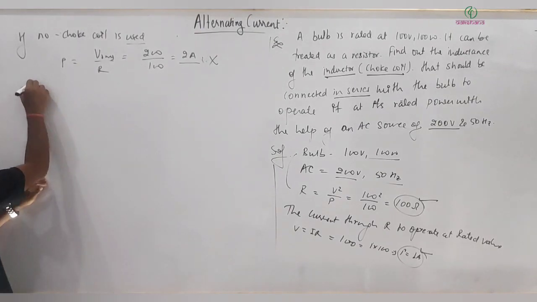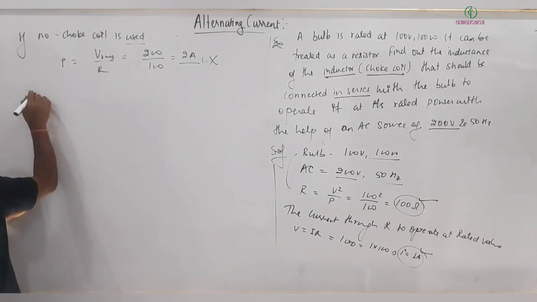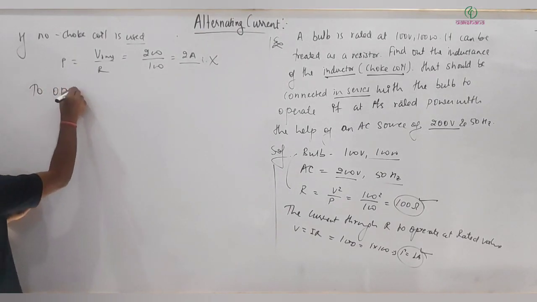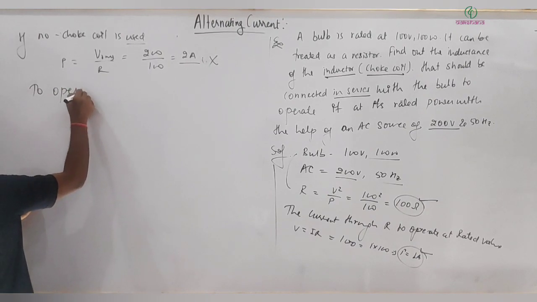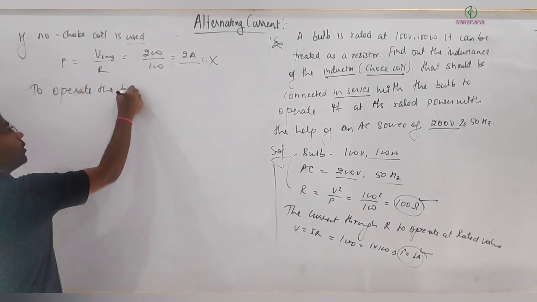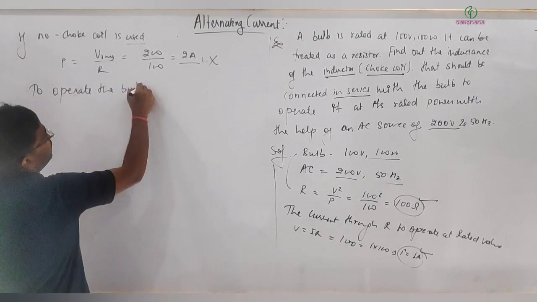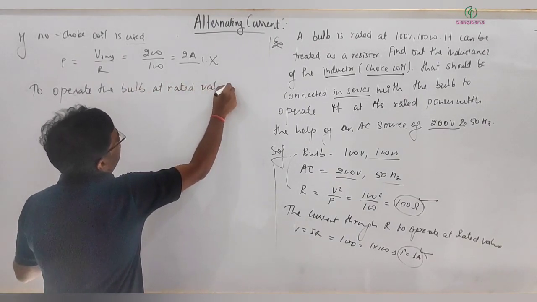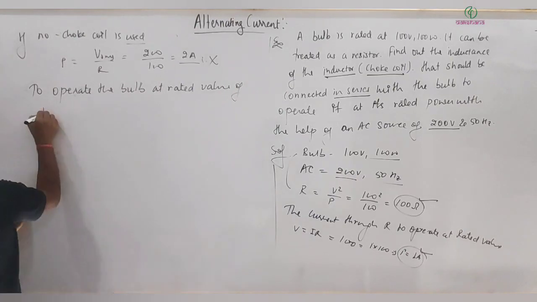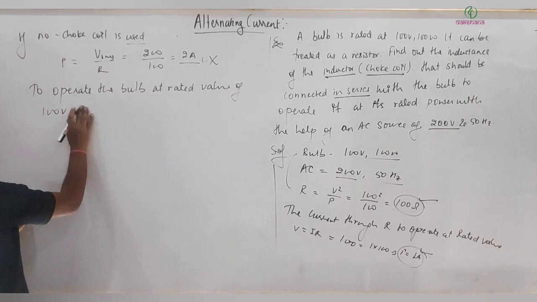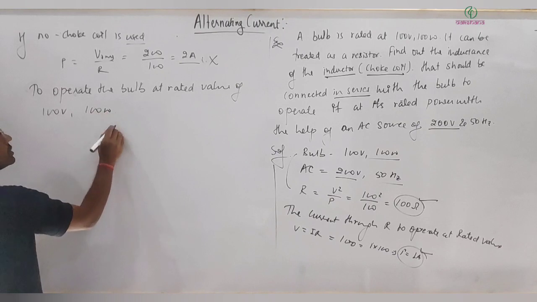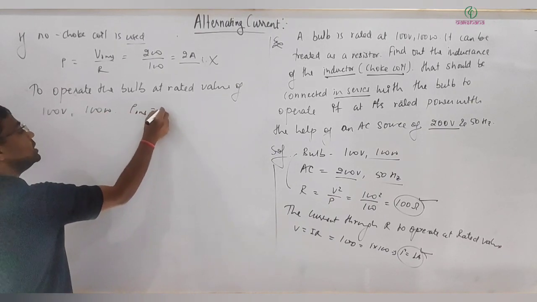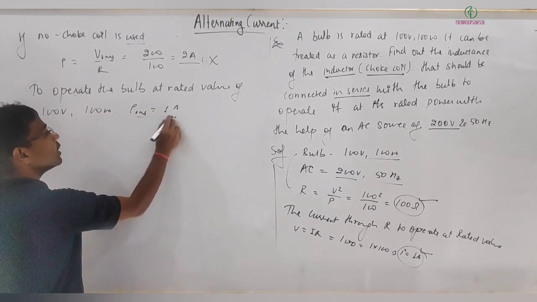So to operate the bulb at rated values of 100 volt and 100 watt, I RMS should be 1 ampere.